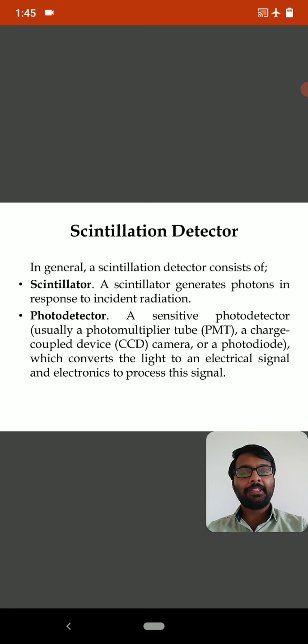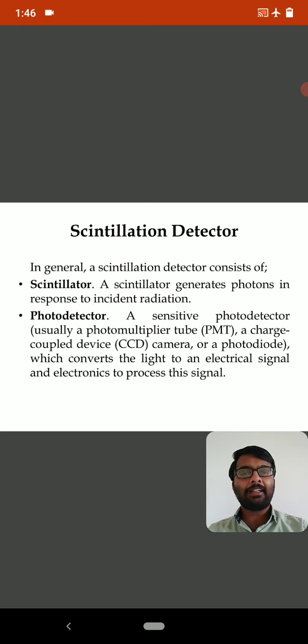Generally, in this scintillation detector, the photomultiplier tube is used as the photo detector. So we have the scintillator and the photomultiplier tube as the photo detector, and this photomultiplier tube converts the light to an electrical signal. The function of the photomultiplier tube present in this scintillation detector is to convert the light pulse into an electrical signal.